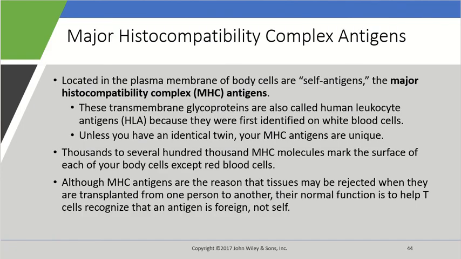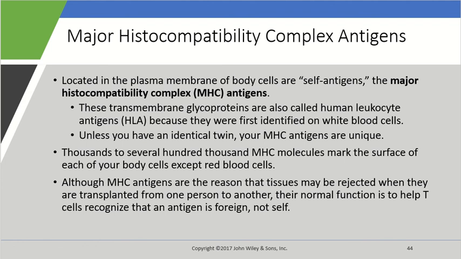Next, we have our major histocompatibility complexes. Located on the plasma membrane of the body's cells are self-antigens. These are also called major histocompatibility complex antigens, or MHC antigens. These are transmembrane glycoproteins that are also called human leukocyte antigens, because they were first identified on white blood cells.